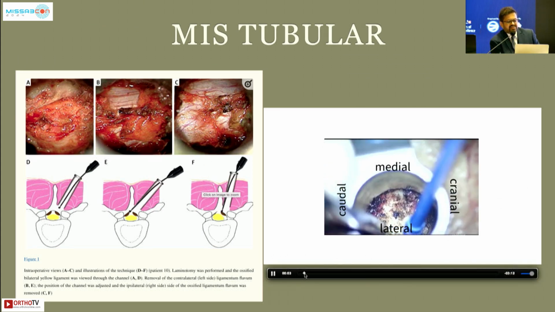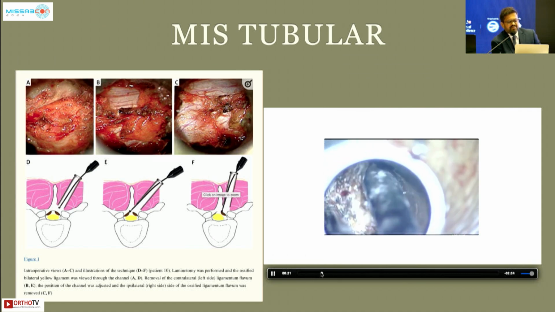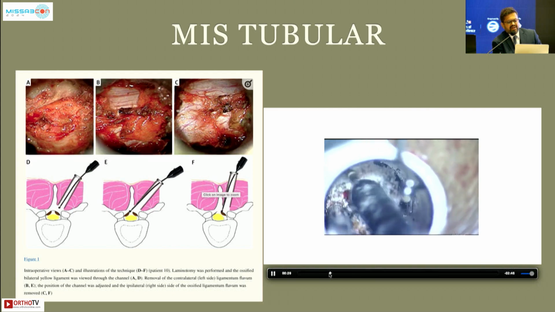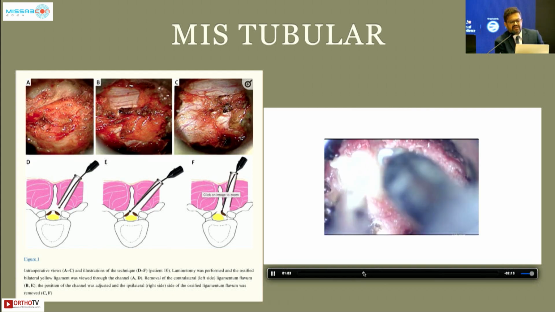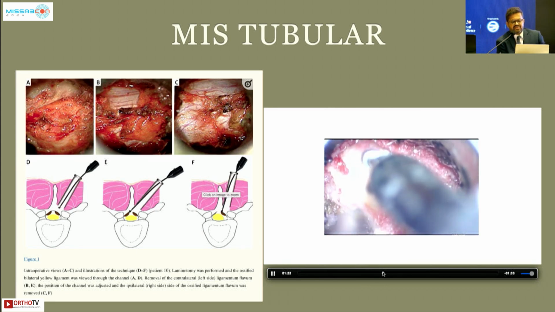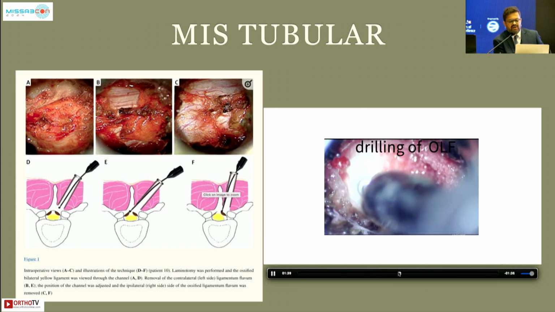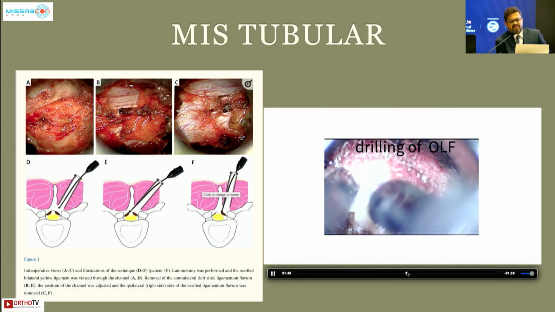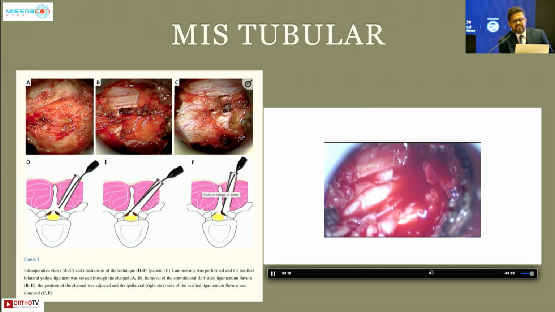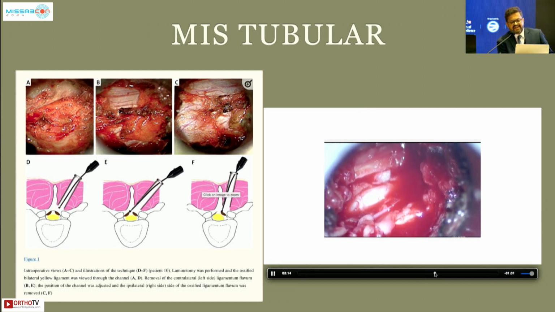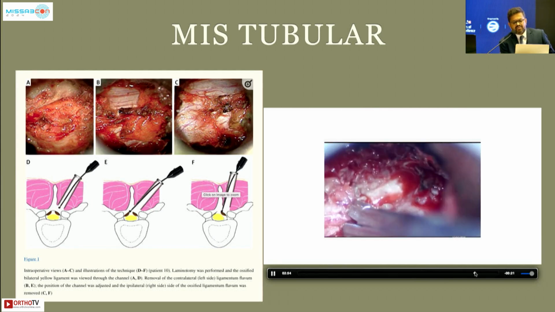As you can see, the drilling is started from the base of the spinous process, the spinolaminar junction, and then proceeded laterally. Once the lamina is drilled, the ossified ligamentum flavum, which has a slightly yellow tinge, is also drilled to an almost eggshell-cracking consistency, and with the help of a dissector and 1 mm Kerrison, the lamina is removed.